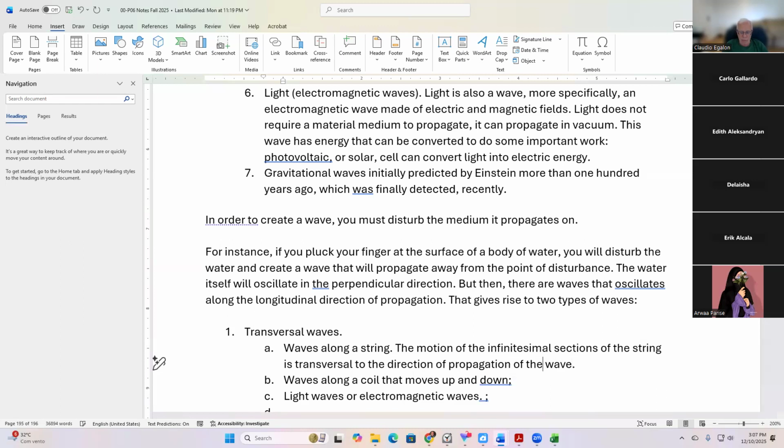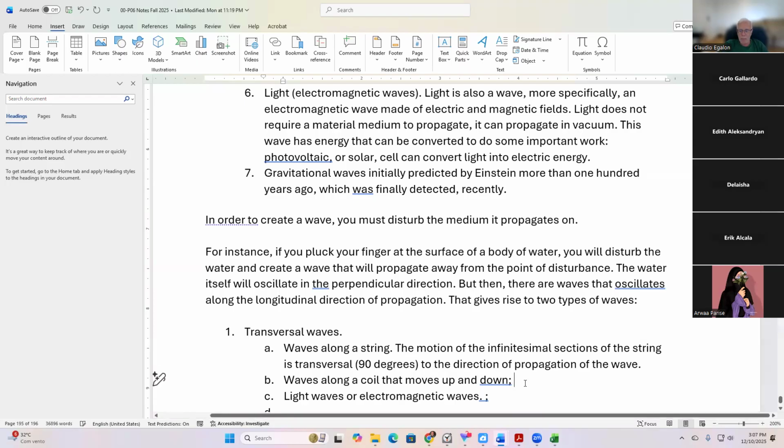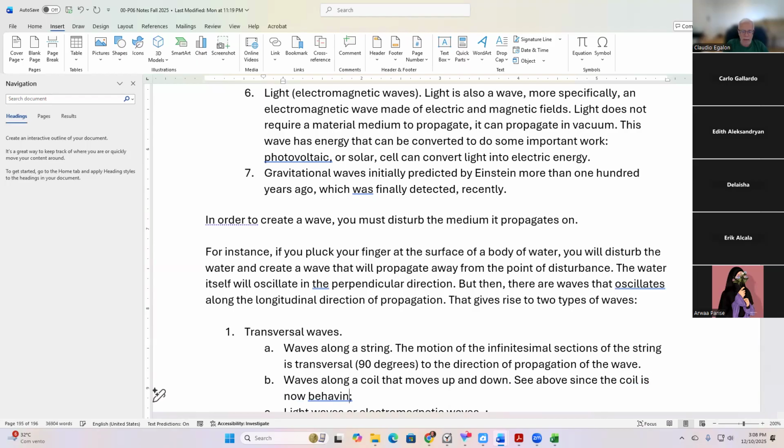By transversal we mean 90 degrees. Okay, 90 degrees. That's what we mean by transversal. Here's the same thing, since the coil is now behaving as our string.